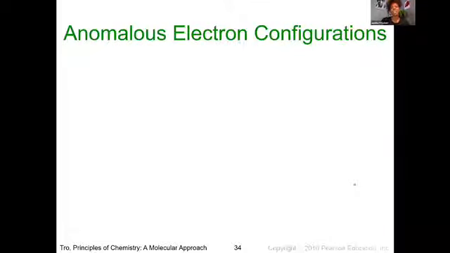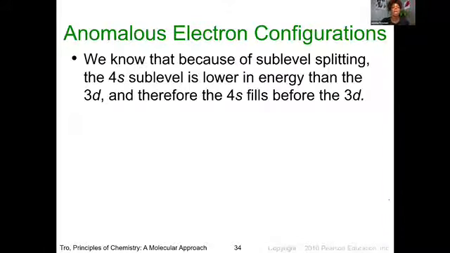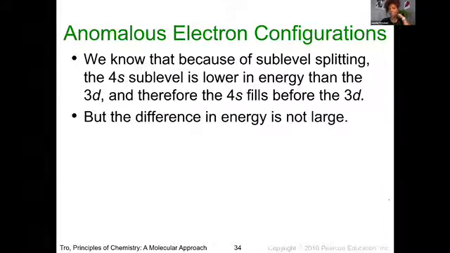All right, the last thing I do want to point out in this video is some anomalies or things that might exist in some of these electron configurations that you should be aware of. Because of this sublevel splitting that occurs, we know that the s sublevel is technically lower in energy than our d sublevel. And so those s's tend to fill up before the d's.